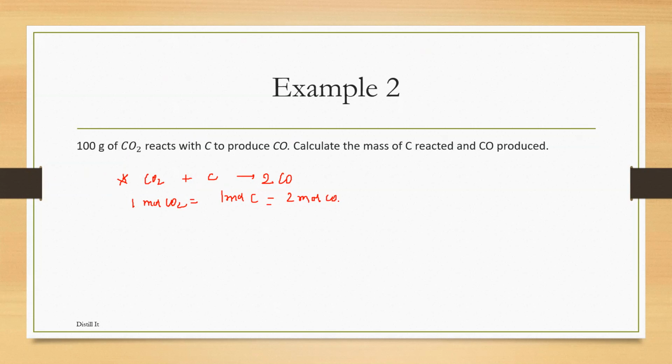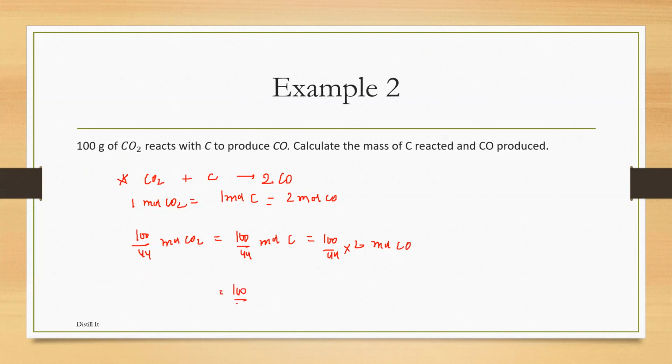All right. So when we have 100 grams of carbon dioxide, what is the moles of carbon dioxide? 100 by 44 moles of carbon dioxide is equal to 100 by 44 moles of carbon, which is equal to 100 by 44 into 2 moles of carbon monoxide.